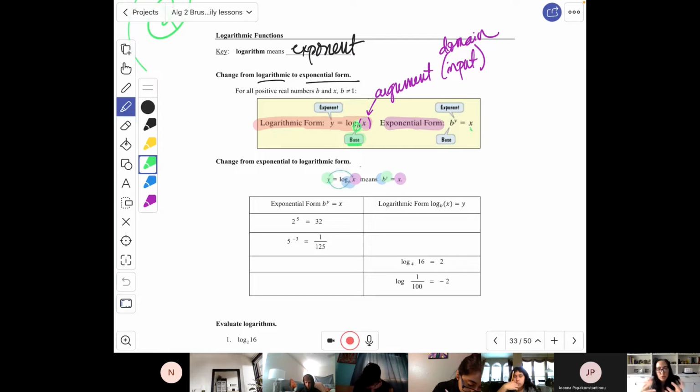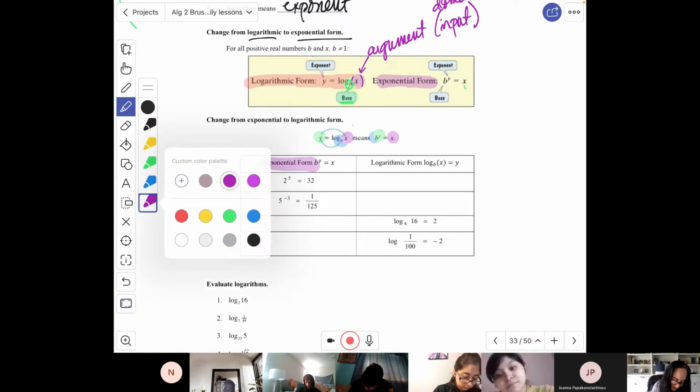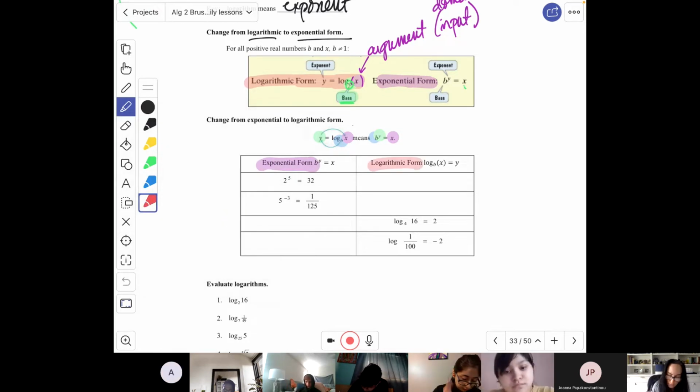So you should be able to convert from logarithmic to exponential easily. Let's try a few examples.